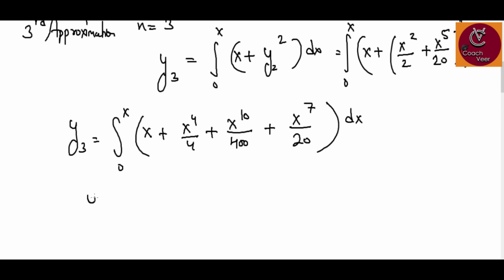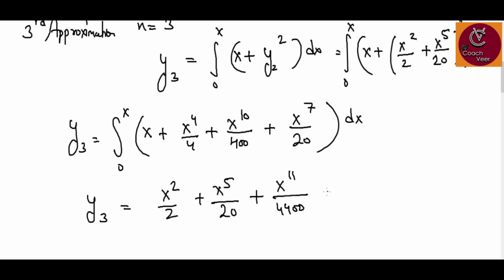So y3 is equal to x square by 2 plus x to the power 5 by 5 fours are 20, plus x to the power 11 upon 11 fours are 44 times this, and plus x to the power 8 upon 8 twos are 16, 160. So that's our third approximation, and you can write it as y, your third approximation solution of y.